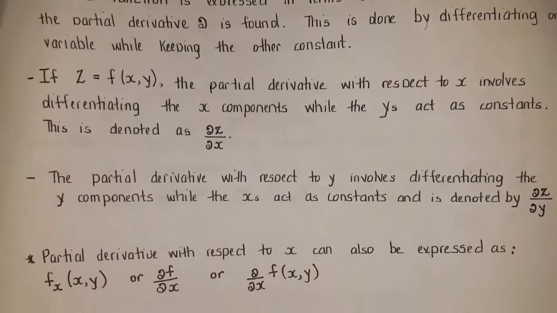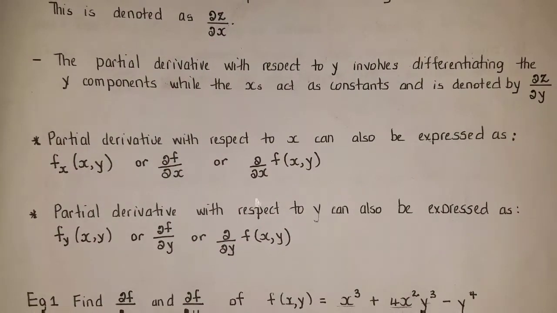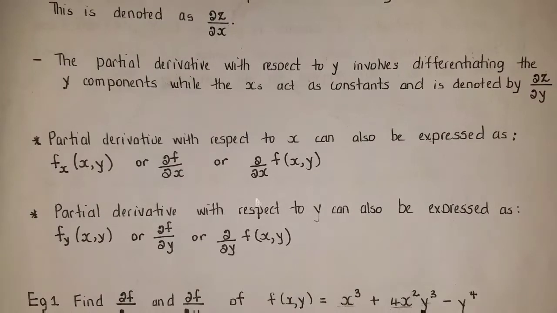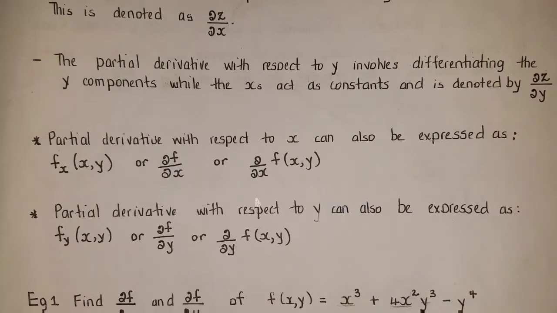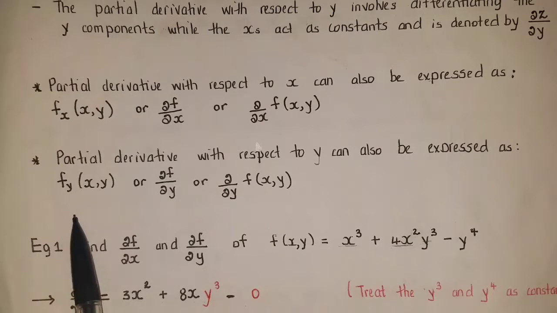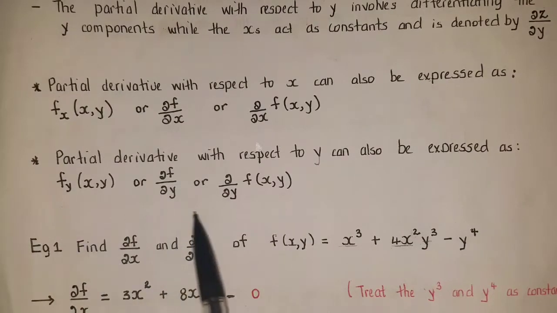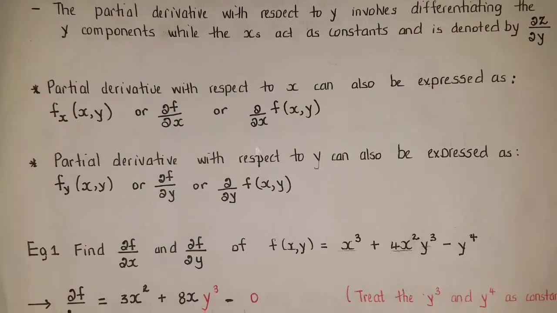Now, other expressions of the partial derivative with respect to x are shown below, while the partial derivative with respect to y can also be expressed as shown here. Now, what does this actually mean? Usually when you're given a function, you have one variable, whether it be x, r, m, it doesn't matter, there's one variable.